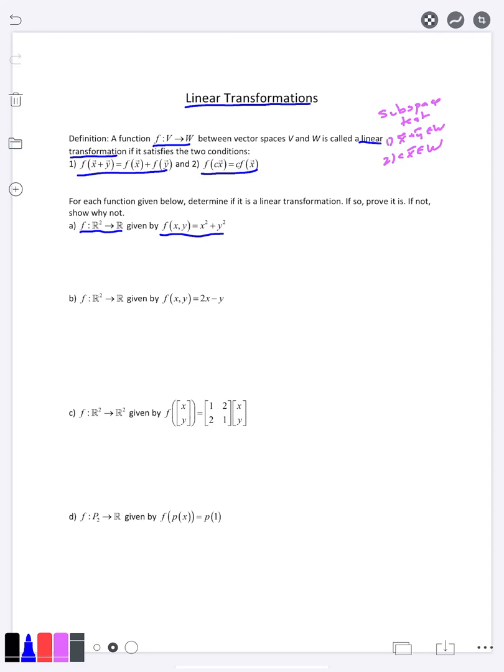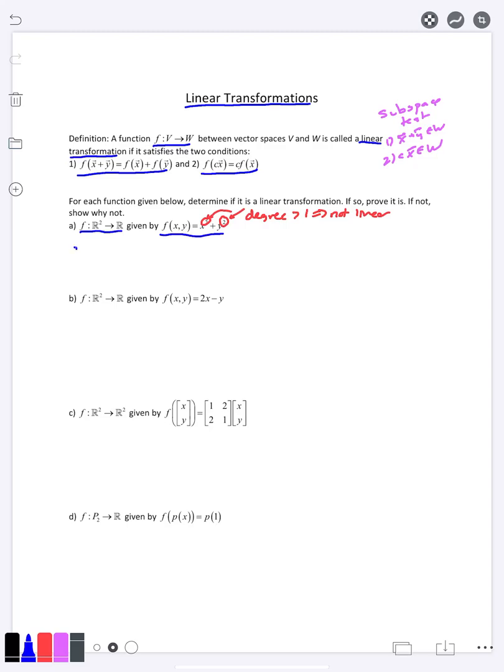Well, I'm going to tell you that it's not, and the intuition when you're first seeing these is that if you see something that's more than degree 1, it's probably not going to be linear. So degree greater than 1 means it's not linear. But in order to really prove that, we need to find some example where one of these properties fails.